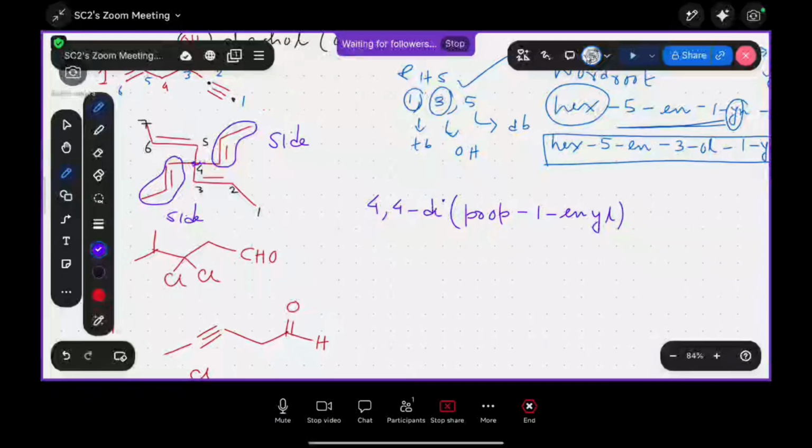Because follow my previous video where I've already said that if the side chain is complex, then the carbon atom which is attached to the main chain is given number 1. That means this carbon atom will be given the locant 1.